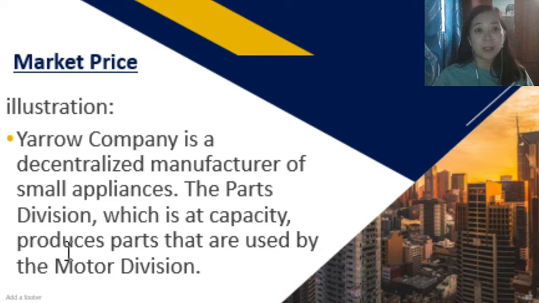We have the parts division, which is operating at capacity, meaning all of their production is enough to cater to the needs of their outside clients. So in this case, we can consider that there is perfect competition because there is an outside market. Another division under this company is the motor division.